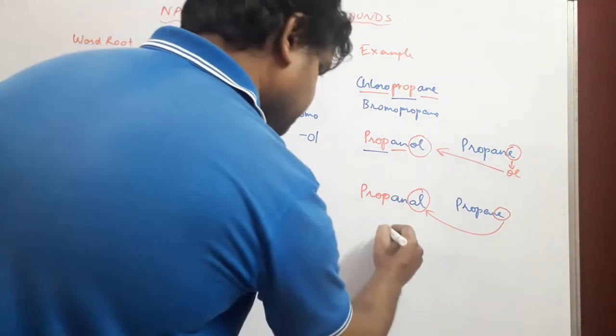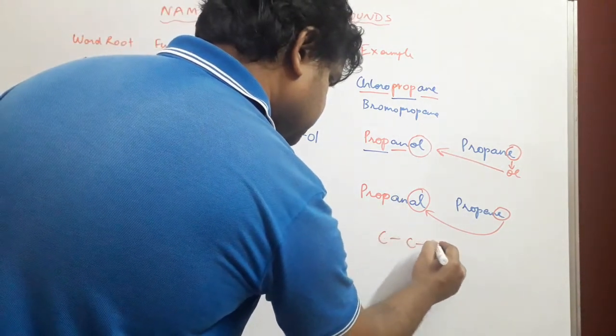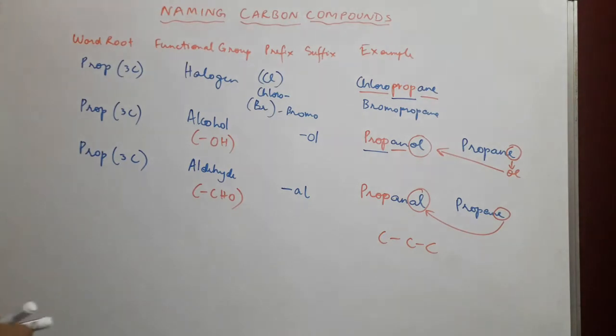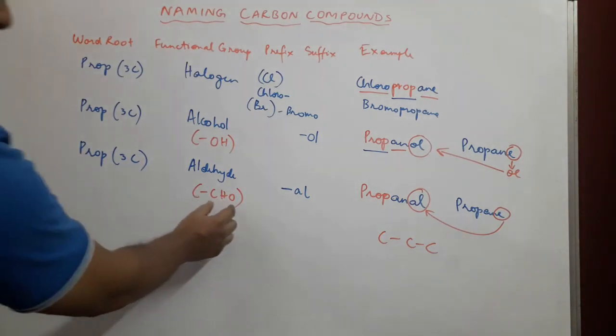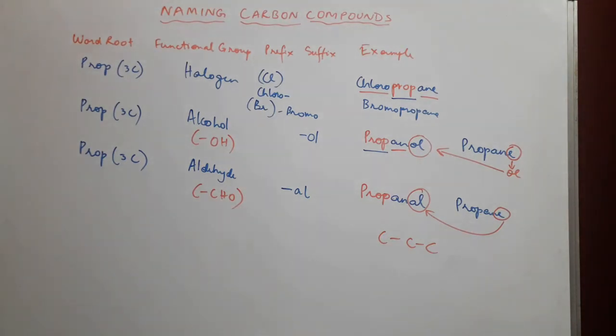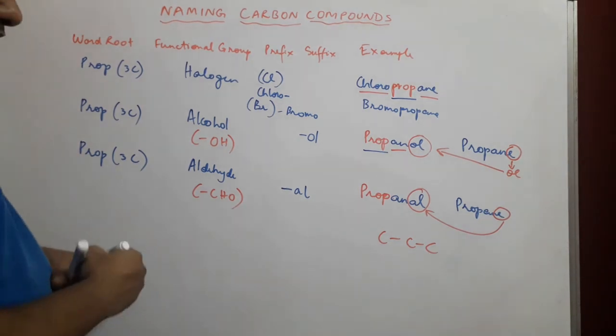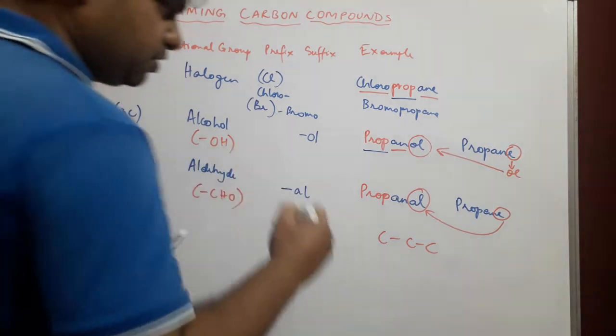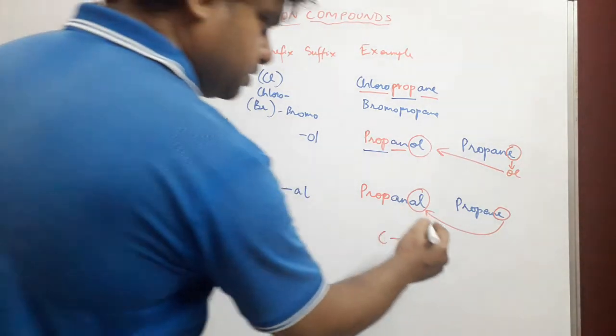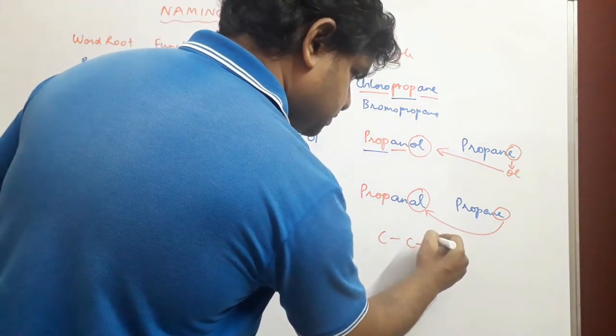If we draw the structural diagram it will look something along these lines: C, C, C. Now our group that comes over there is CHO. I'll mark it in blue, because it should look different.